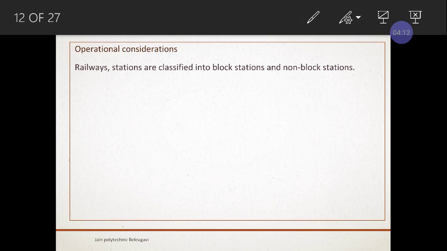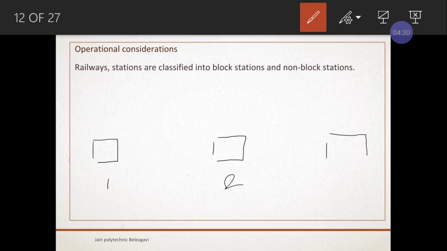To explain, I will give an example. Consider this is a station A or 1. Here there is another station 2. And there is another station 3. Suppose these are the stations in 3 different cities.